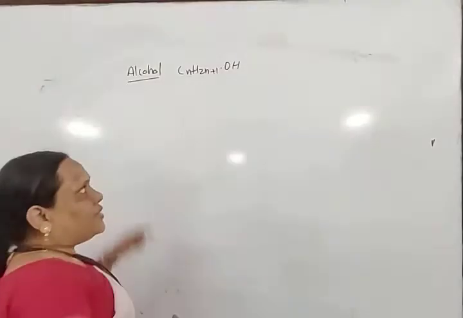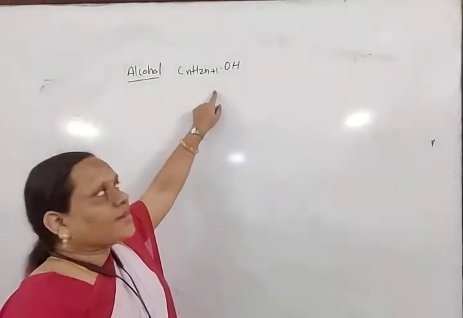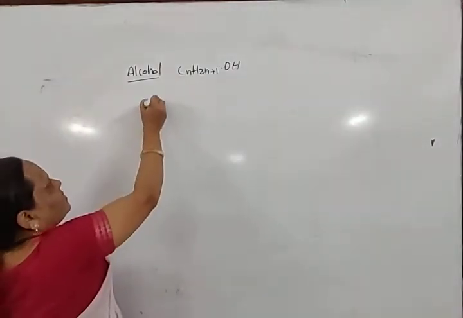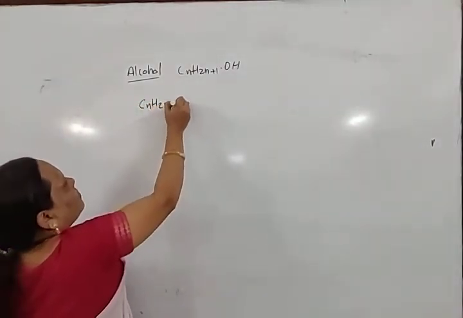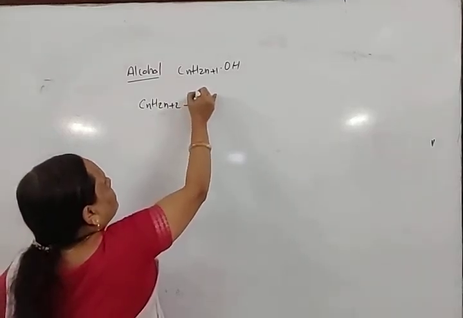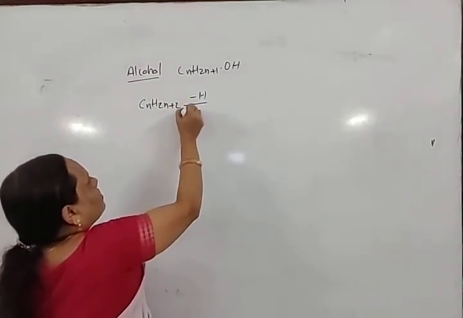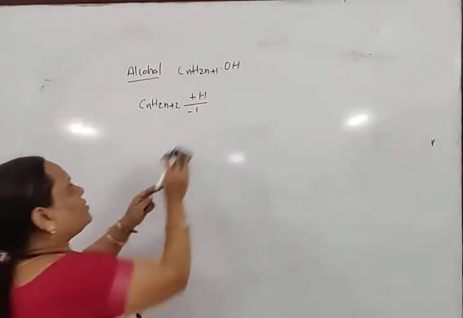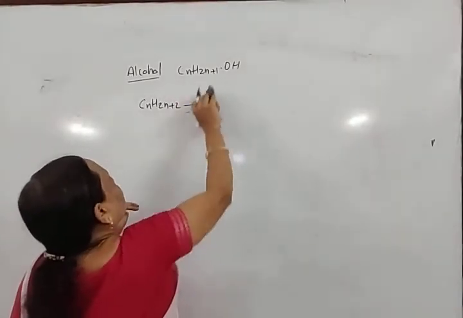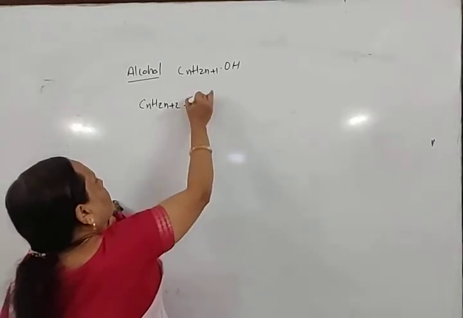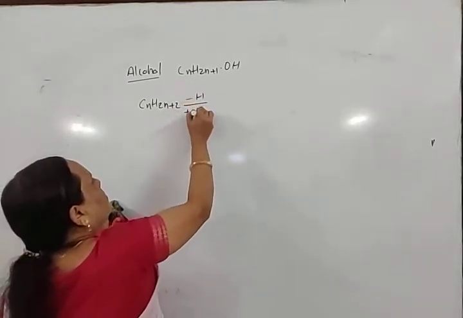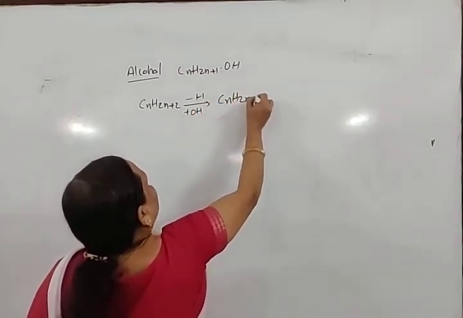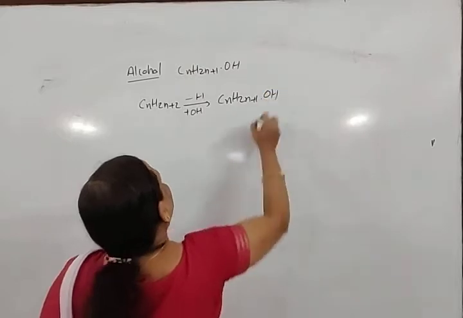If one hydrogen is removed from the alkane, CnH2n+2, minus H, and an OH group is added, so you can write minus H plus OH. So the formula is CnH2n+1 OH.